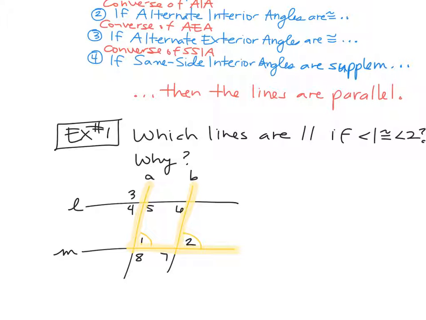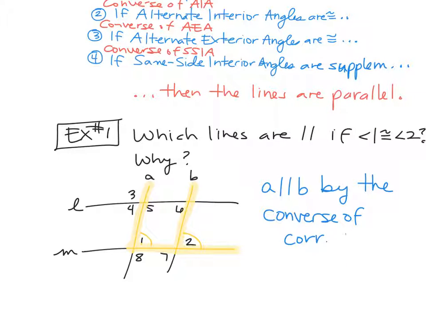Those are corresponding, right? So we would say A is parallel to B by the converse, because we're proving lines parallel, of corresponding angles. Okay? If you're proving lines parallel, it has to be a converse.